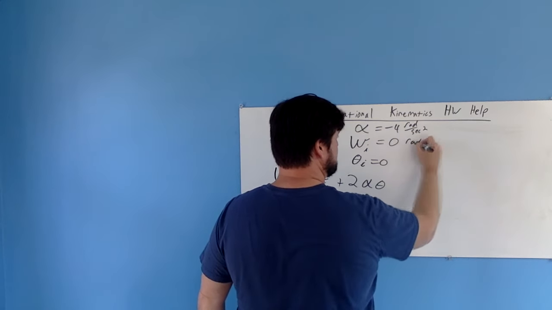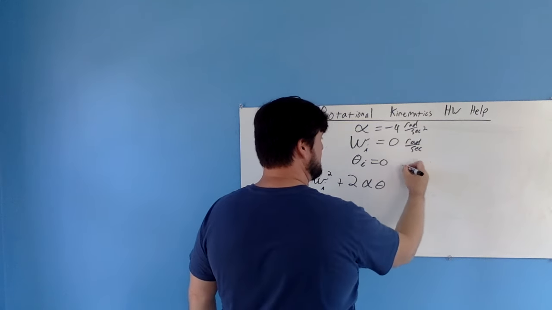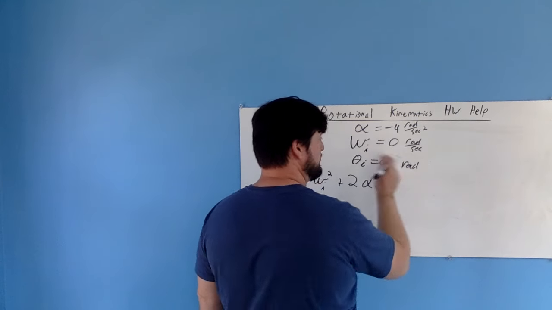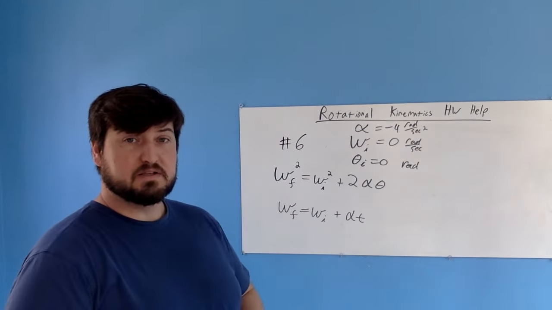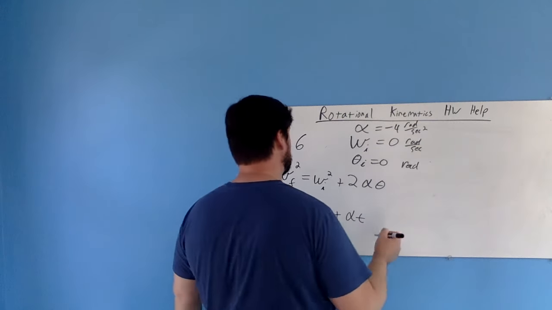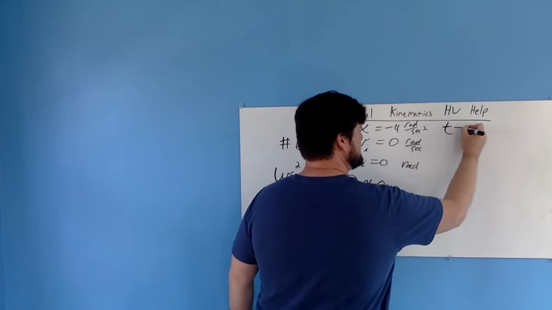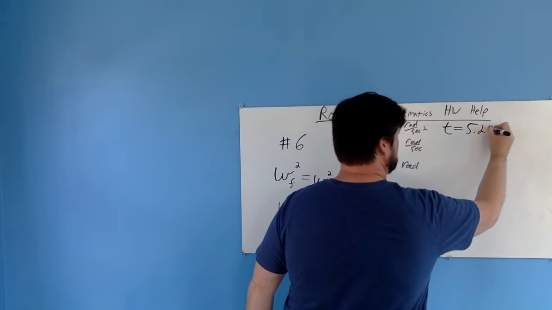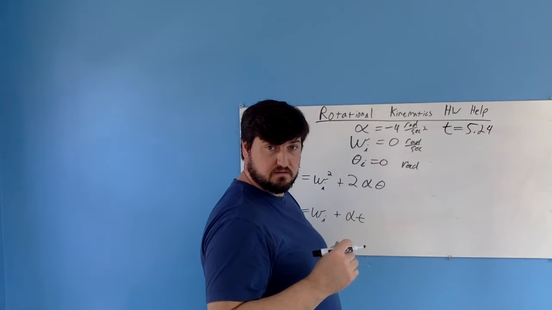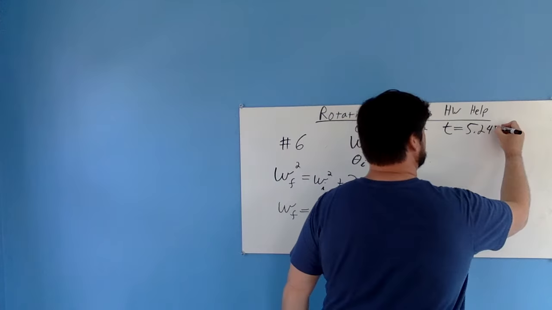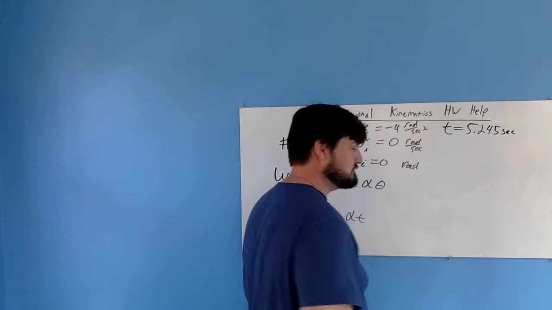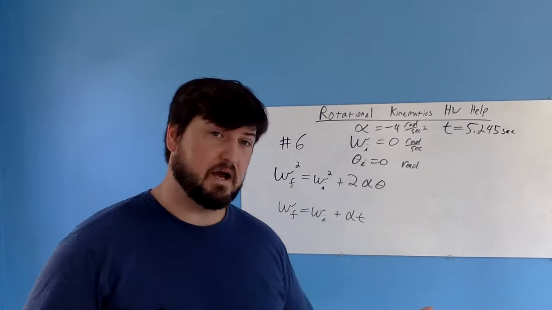Omega, of course, is radians per second, and this is just radians for your theta. It also gives us time. T is equal to 5.245 seconds.